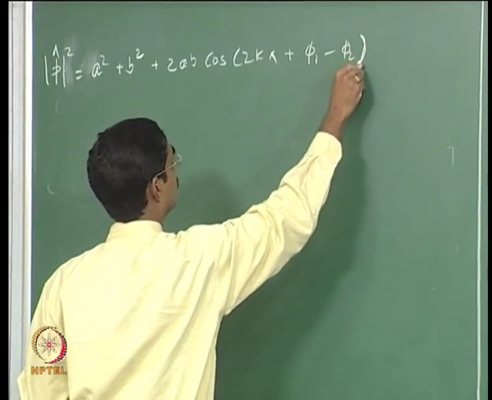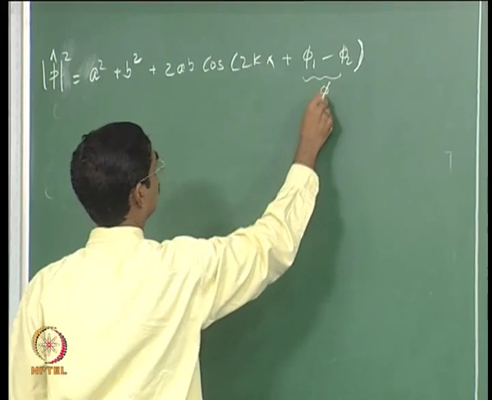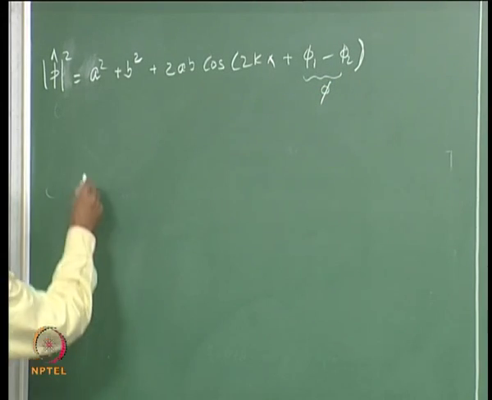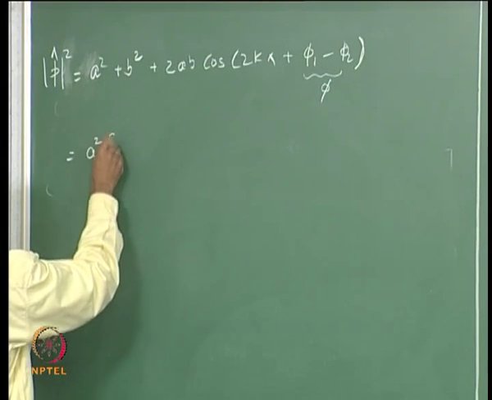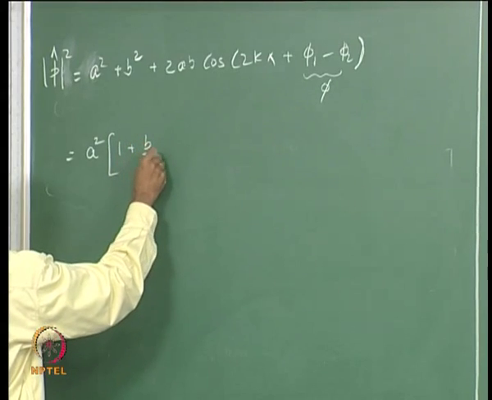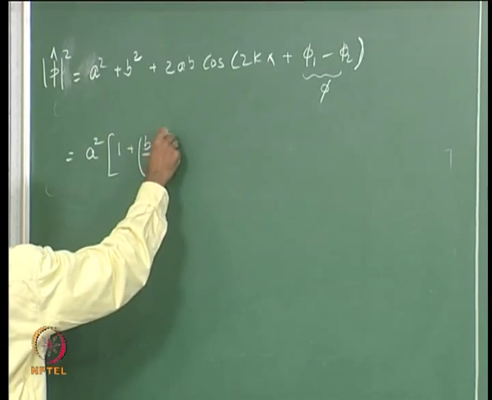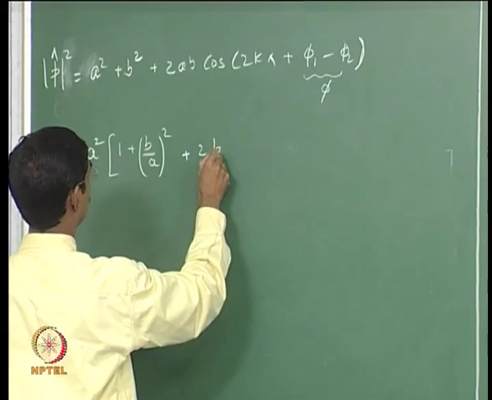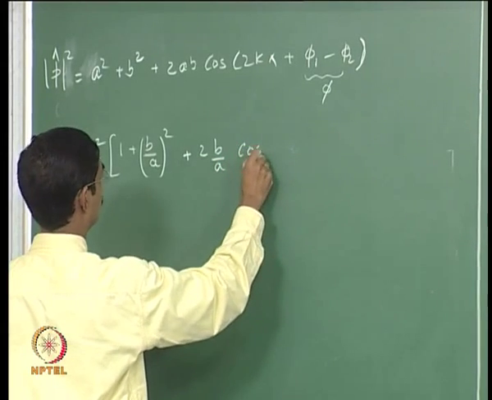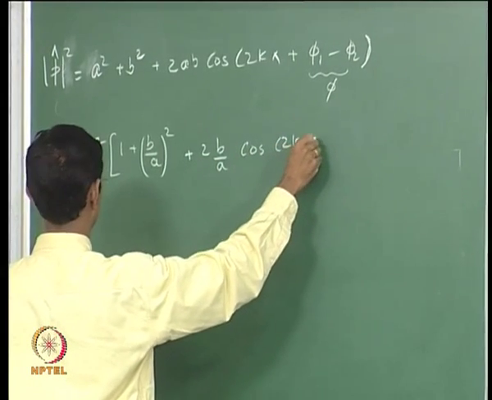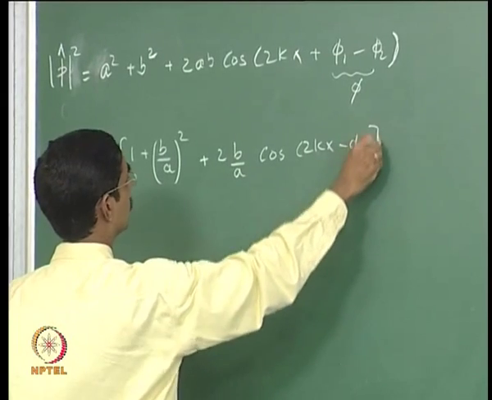So, for convenience I will denote this phi1 minus phi2 as phi, and then we can rewrite this as A squared into 1 plus B over A squared plus 2B over A cos 2kx minus phi.